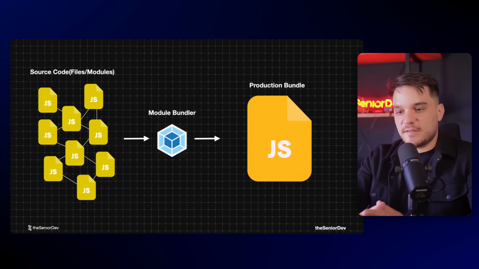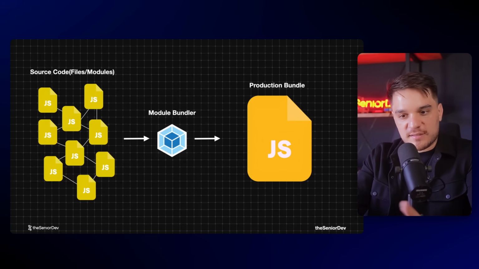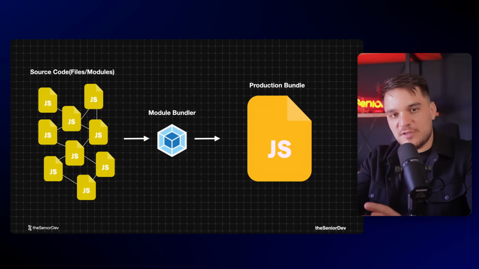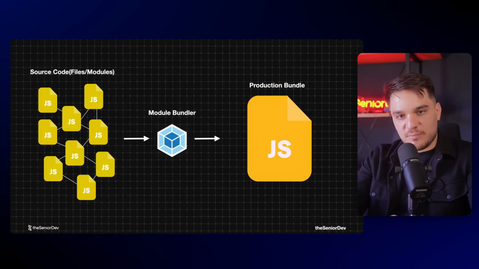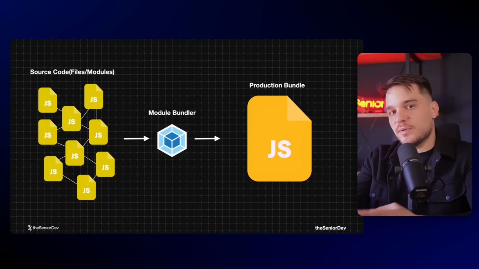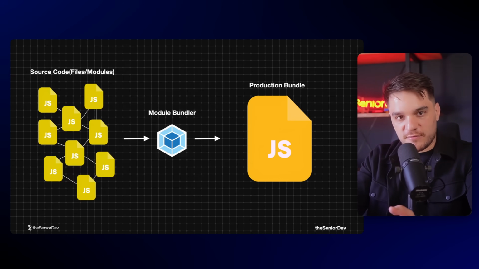That was the big advantage, and that's why we use module bundlers to put everything together, because it would be impossible to include all our files into the head section of the HTML file. Now, the problem with that production bundle is that it's being used on every single page, and so everybody gets all this JavaScript in the beginning. And as you saw, all this has to be parsed and interpreted before we show anything to the user. So you'll have a lot of performance problems if you just keep everything together.